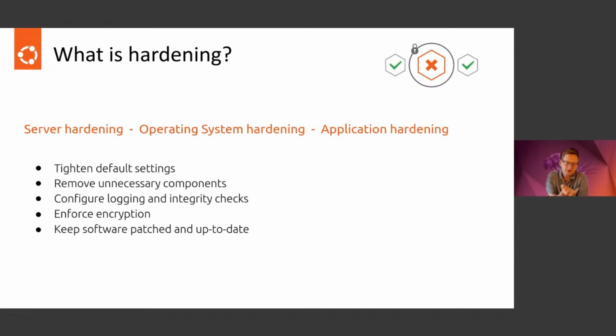It's about removing unnecessary components, applications, pieces of software and functionality to reduce the attack surface to the absolute bare minimum, so you know exactly what you're running on your system. There's nothing extraneous. It's about making sure that the operation is secure, so you've got logging and integrity checking.